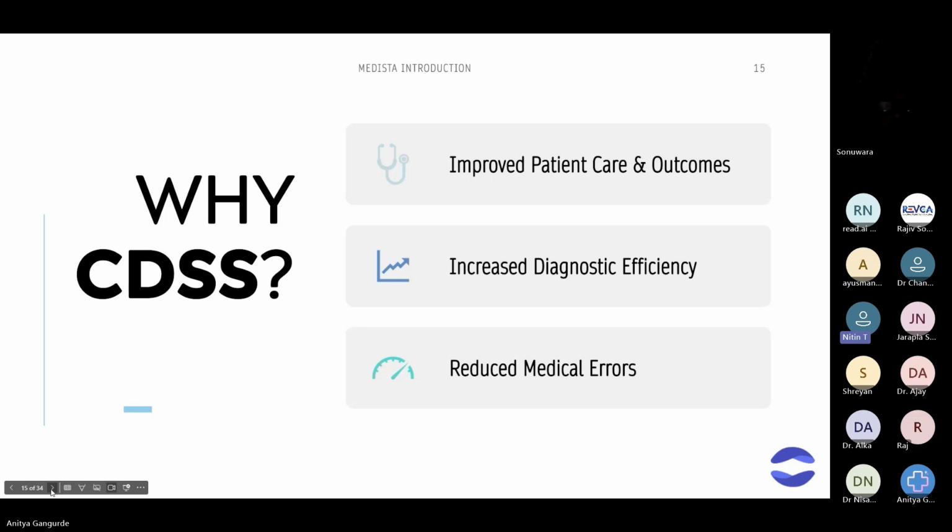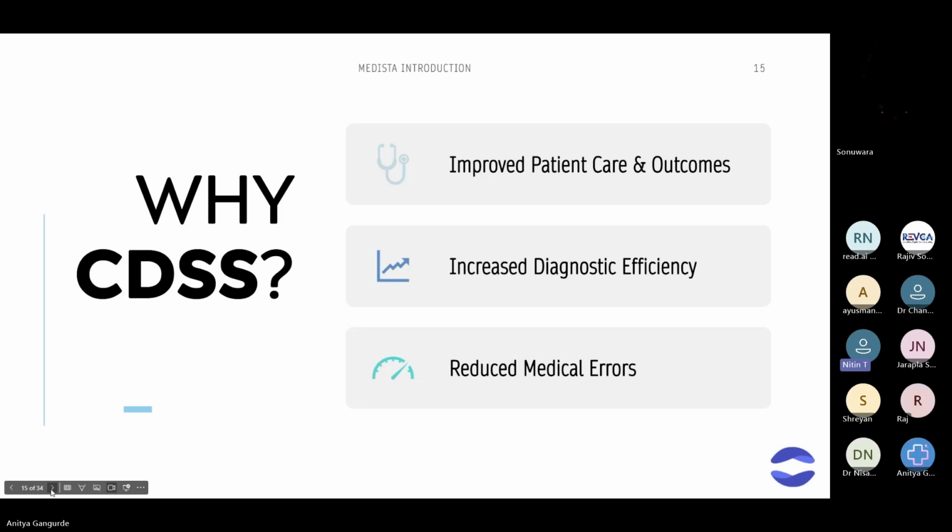Also, it results in increased diagnostic efficiency. Many times, we may miss minute findings in X-rays, CTs, and all. So with clinical decision support systems, by taking advice from this technology, we can improve patient care, diagnostic efficiency, and reduce medical errors.